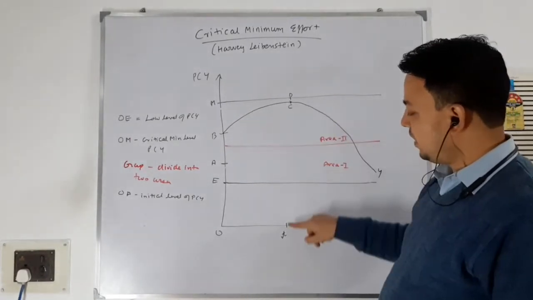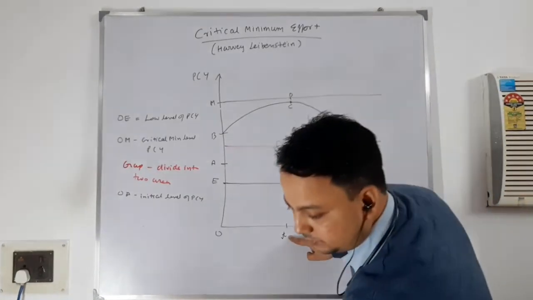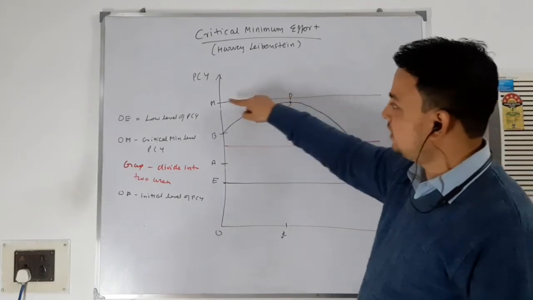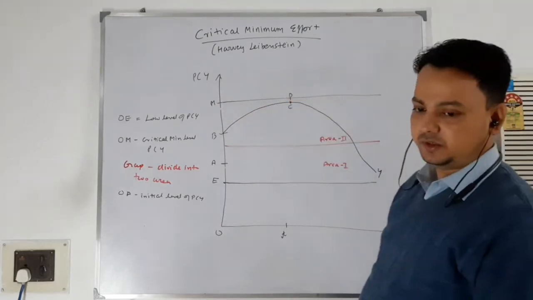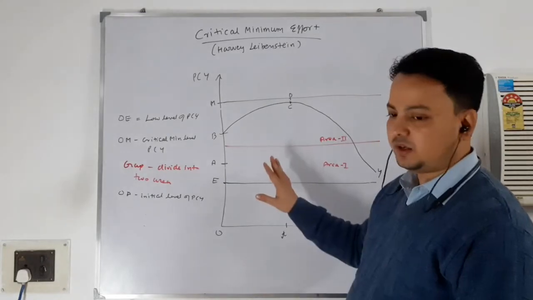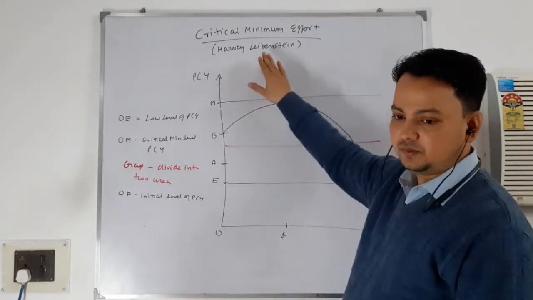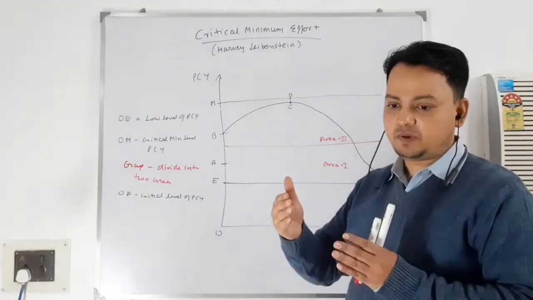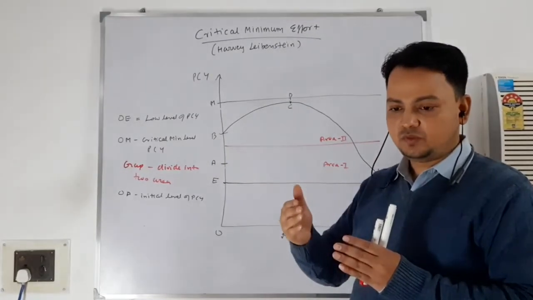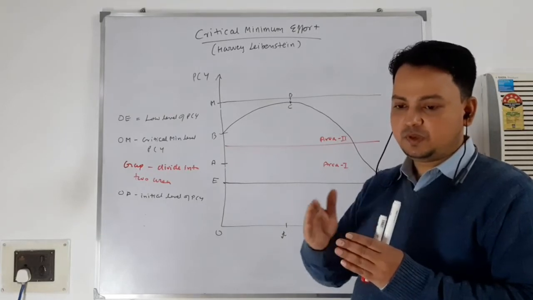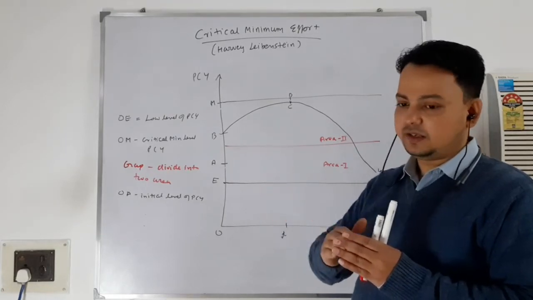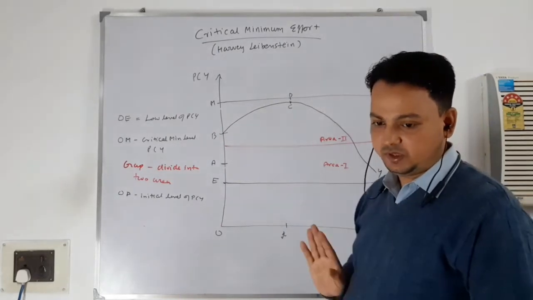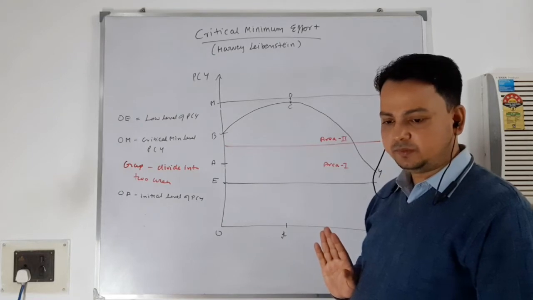If I optimally time my investment at time t, I will move from C to D, and this is the critical minimum level of per capita income. This is what Leibenstein is saying: we have to break through this critical minimum effort. It will be more effective if we split the effort into a series, take investment decisions, and optimally time them.